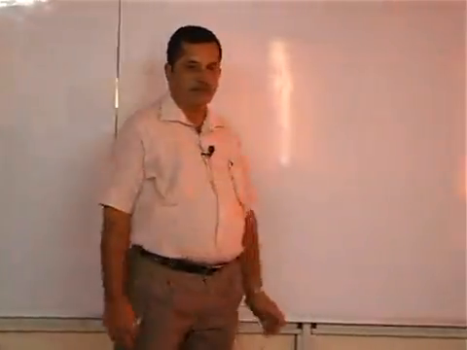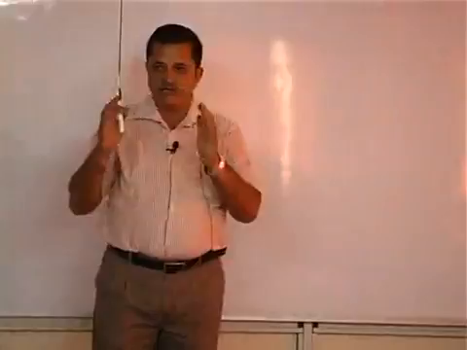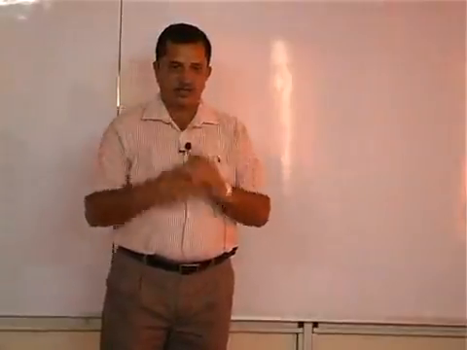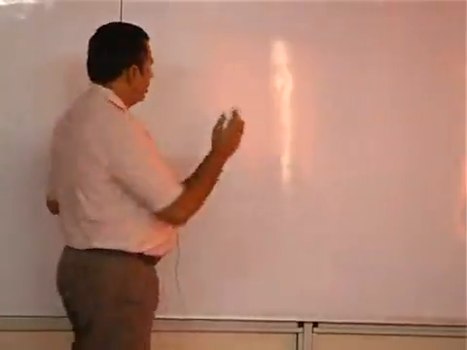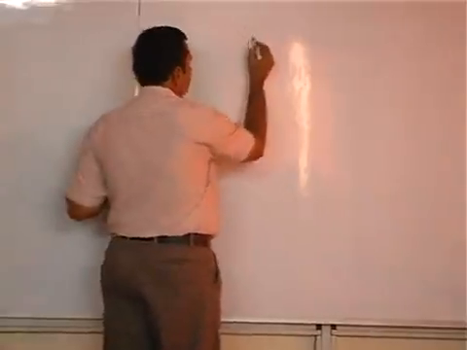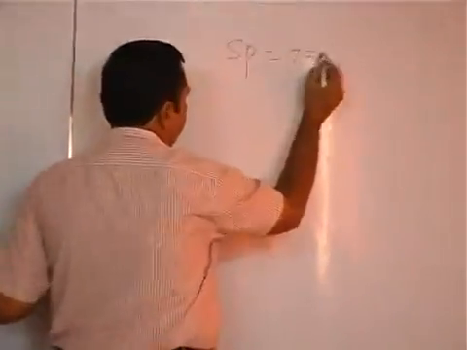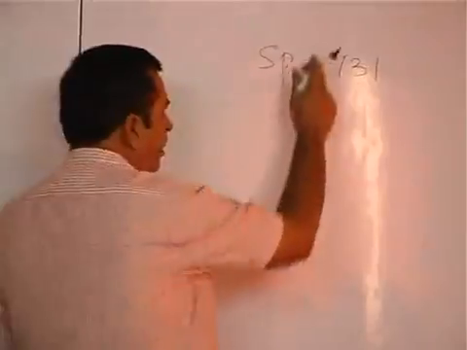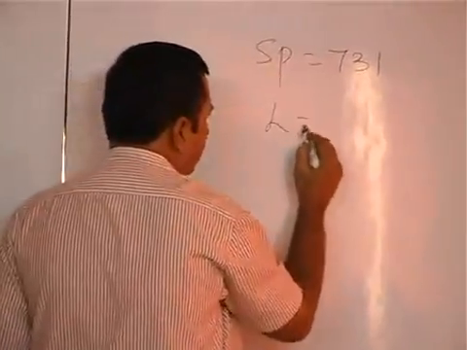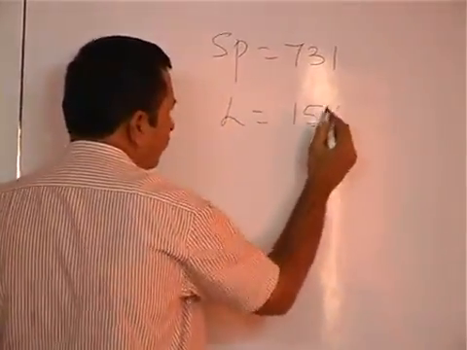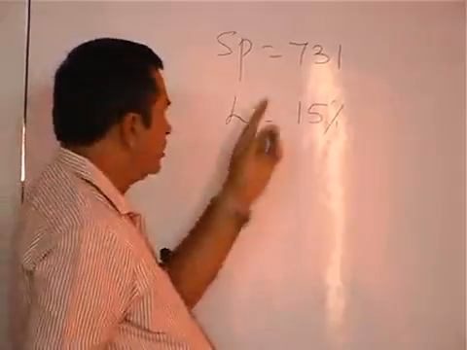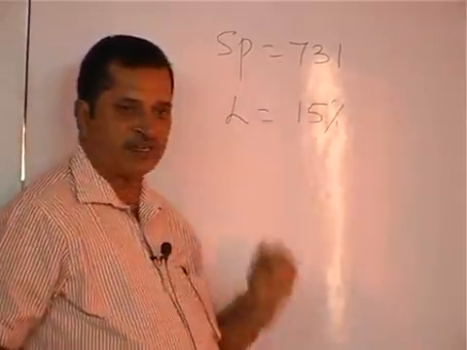Usually, the students who are doing with the formula, their method I will show you. Selling price is 731 rupees given. By selling for 731, there is a loss of 15%. Selling price is given, loss percent is given.